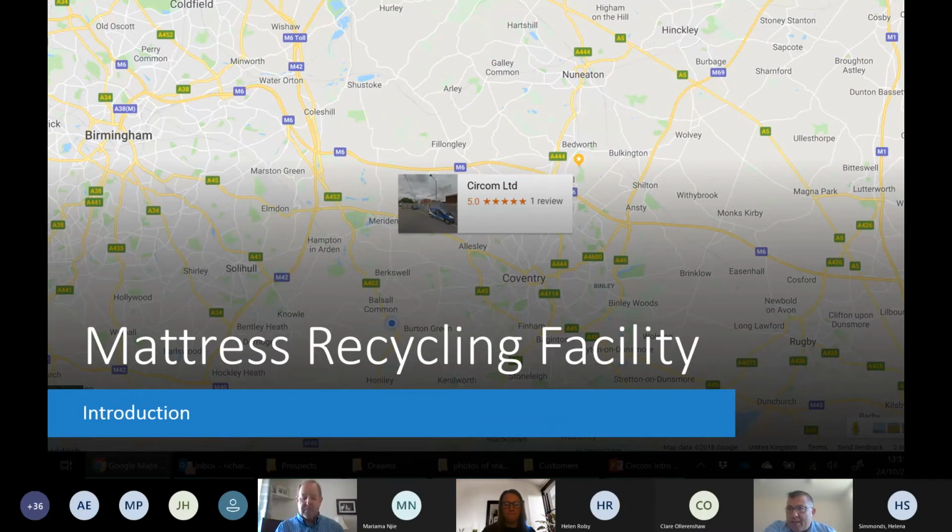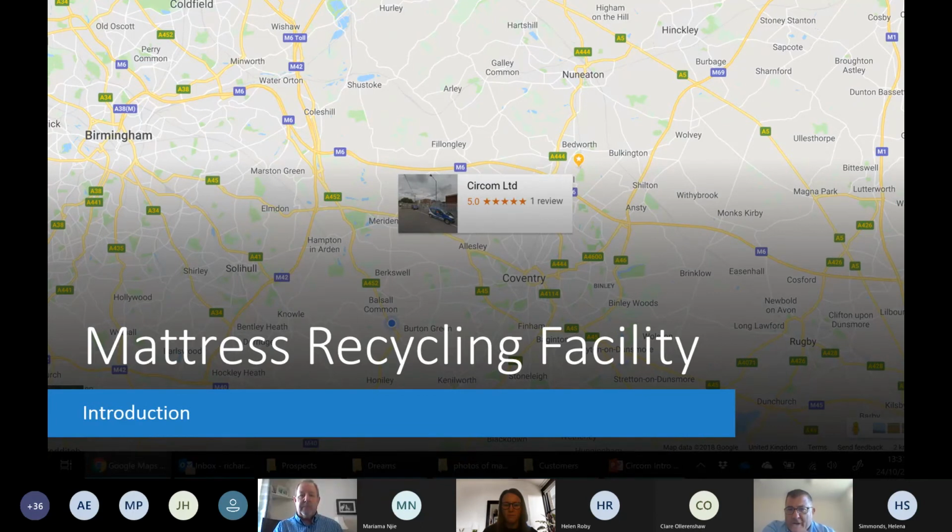The reason is that it's expensive to strip mattresses down and recover their individual components, and generally the individual components are quite low value. So it's a cost to do the job, and we constantly compete against the cost of landfill, which can be quite low for some local authorities. So it is a challenge, and what we're finding is most of the business is actually in the retail sector.